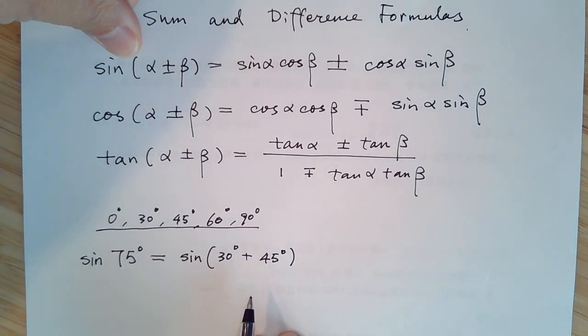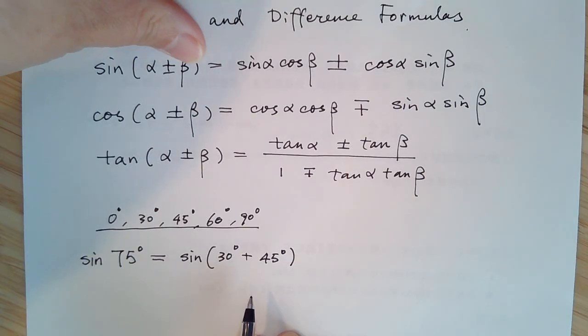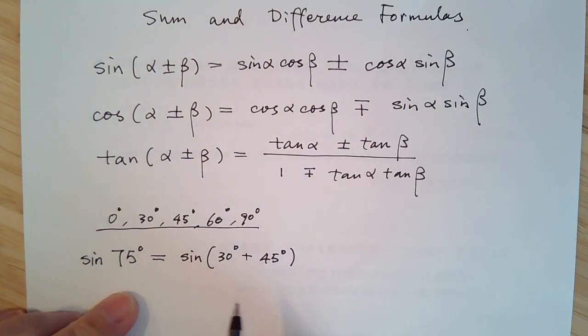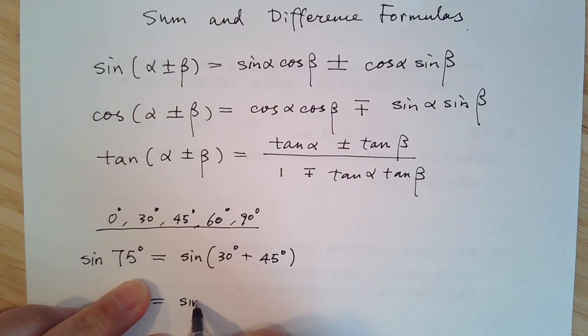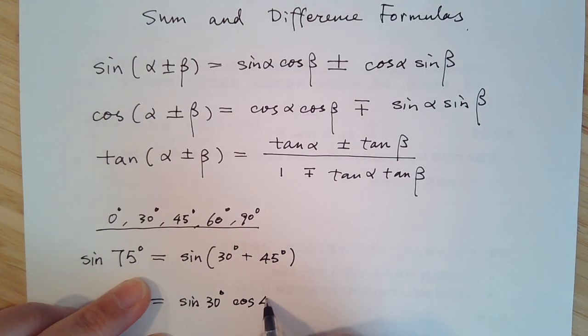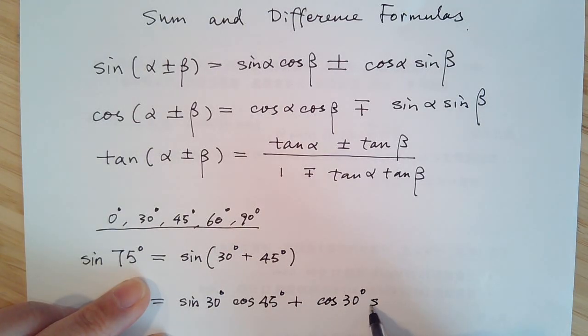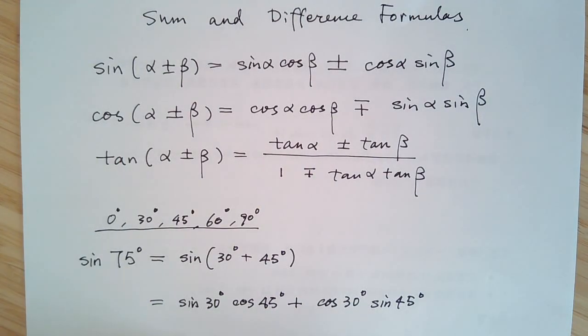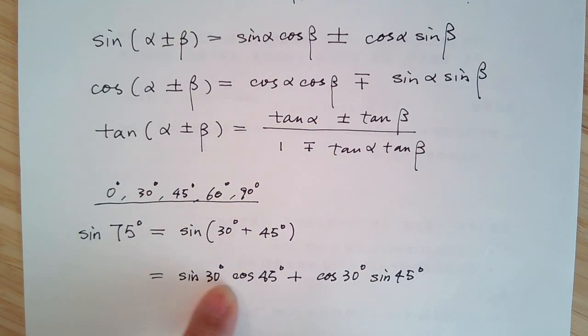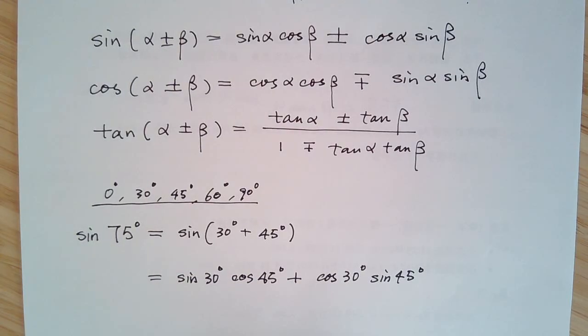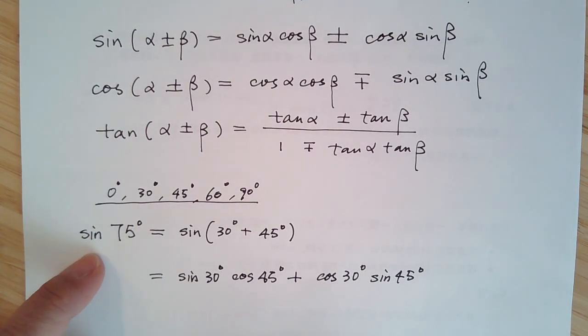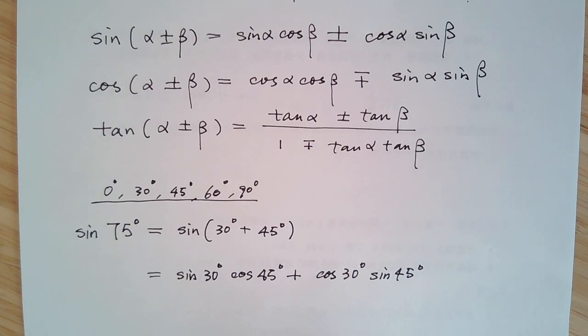Then you can use the first formula, sine alpha plus beta, which is going to be sine 30 degree cosine 45 degree plus cosine 30 degree sine 45 degree. Now you can just find the exact value of each item and simplify, so you can get the exact value for sine 75 degree.